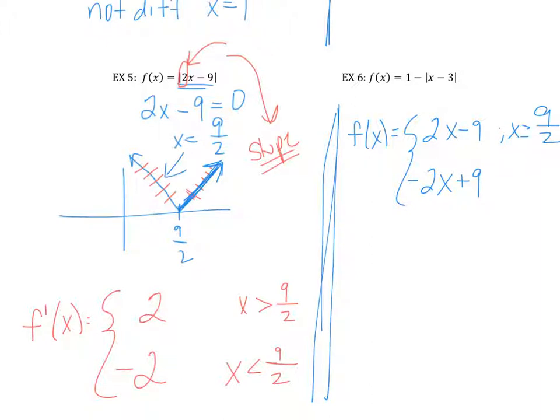So this line would have an equation of -2x + 9, and that's when x is less than 9/2. So that's rewriting the function, and then if I wanted to take the derivative of that function, well, those are very easy. So again, if what's inside the absolute value is linear, I choose to do it graphically. It's faster to me. But all I'm saying is, again, if you had something like an x squared in there, you'd be forced to do this step and then take the derivatives of each.